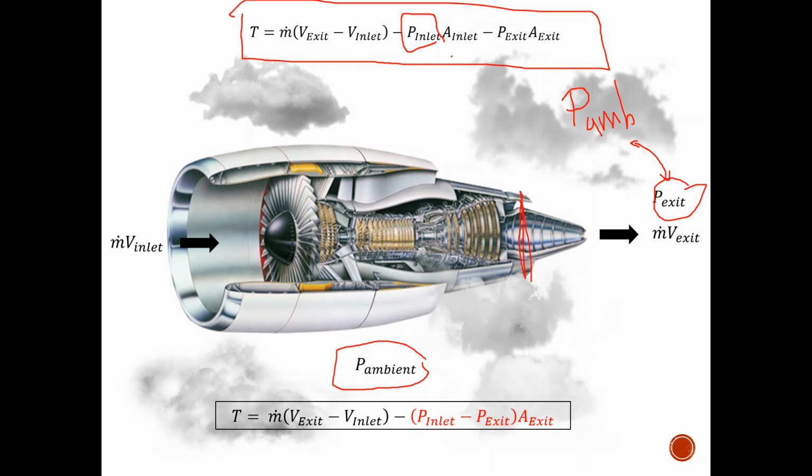That's why you can represent the same thing in terms of just the exit area alone. Ultimately what matters is the force exerted due to the changes in the exit pressure and the ambient pressure. Okay, now let's look at this term alone so that you may get a better idea.